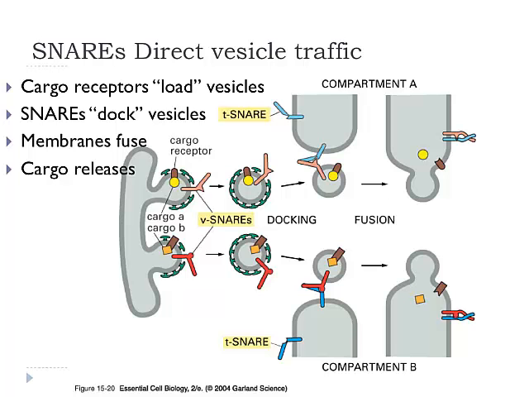And so you get a specific interaction that will hold the vesicle close enough to that new compartment to lipid bilayers will fuse. Once that fusion event occurs, then the contents in the lumen and the inside of that vesicle are released into the next compartment.